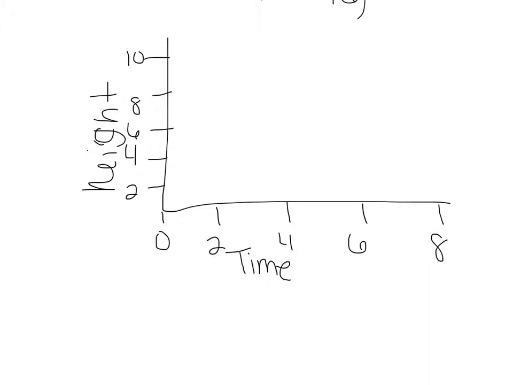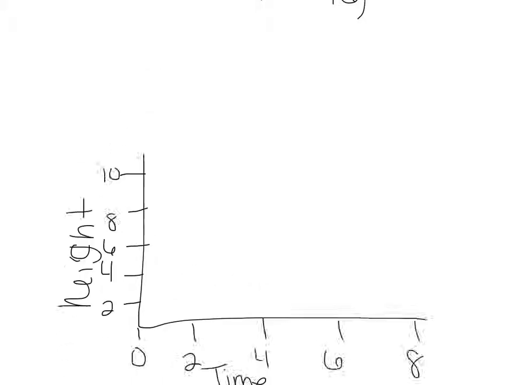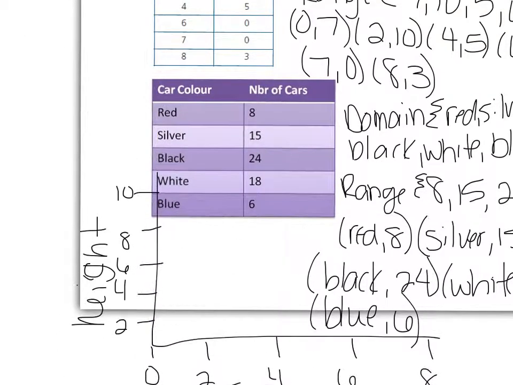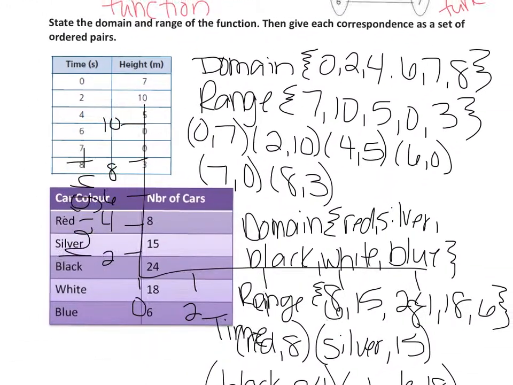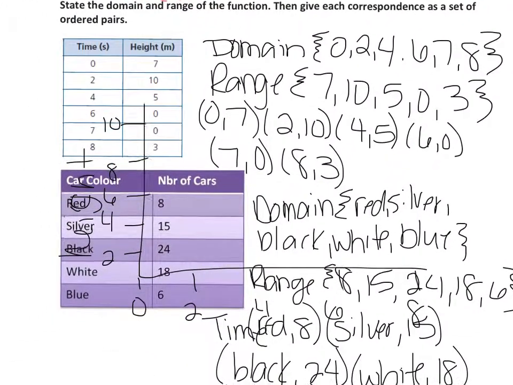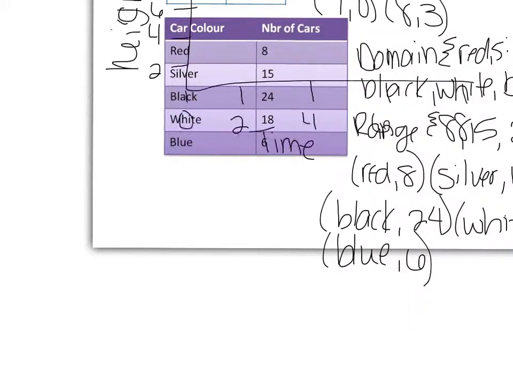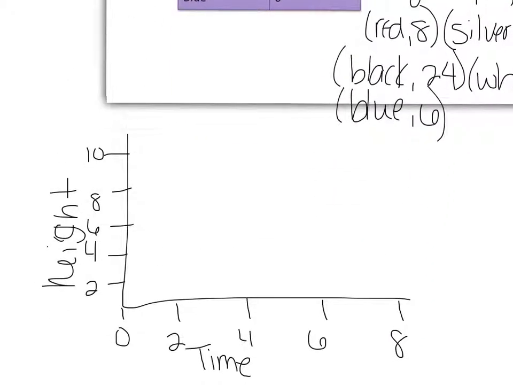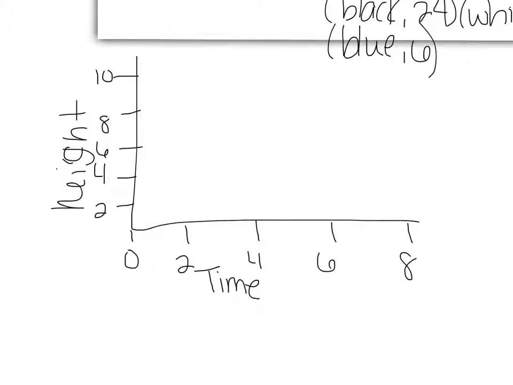You guys have done line graphs before and you've done bar graphs before. But I don't think you realize that if you look at your ordered pair, I could plot 0, 7 on this graph. 0 is my x value, so I'm not going to go anywhere. 7 is my y value, so it tells me I'm going to go up 7.